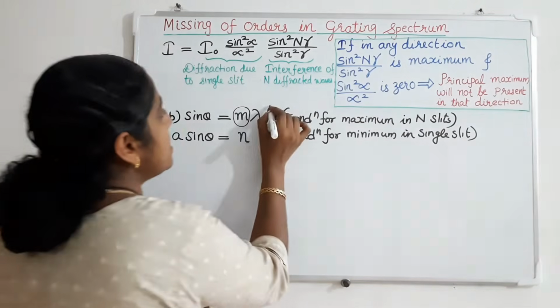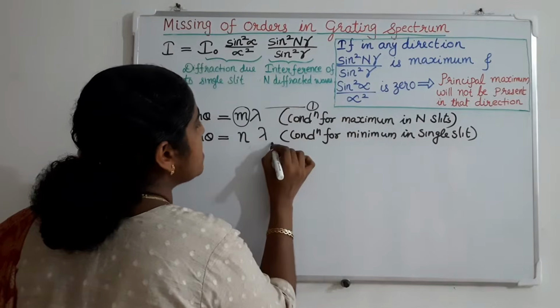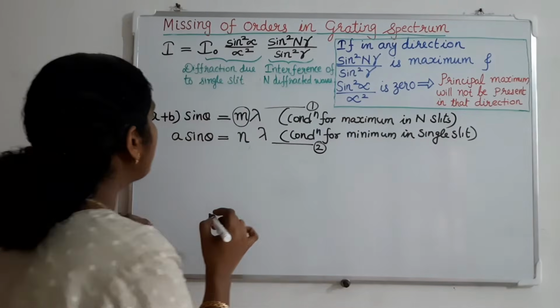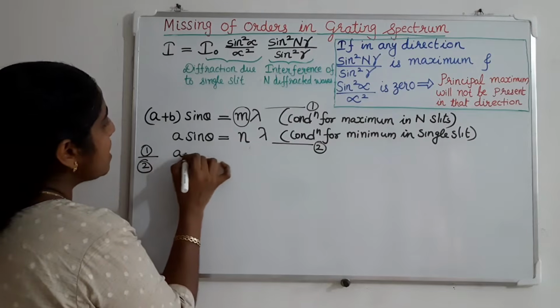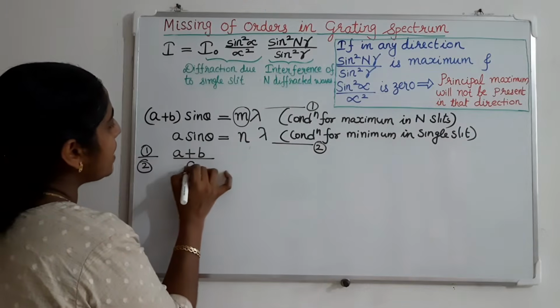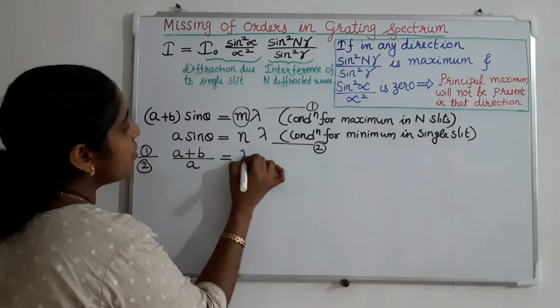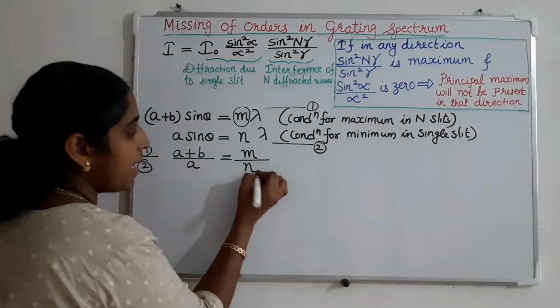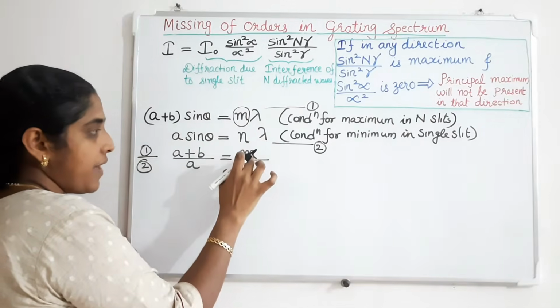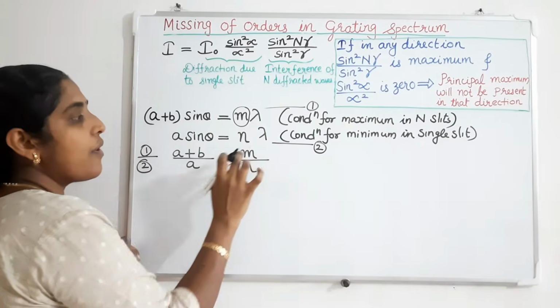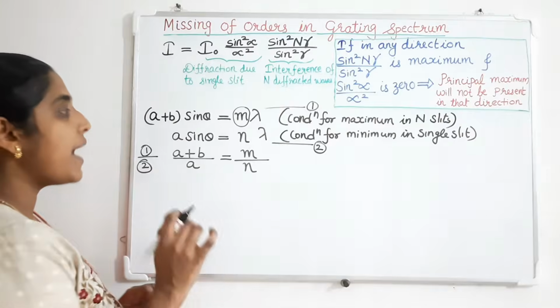So we write this as equation number 1, and this as equation number 2. Then what will be equation 1 divided by 2? That is (a plus b) divided by a is equal to m divided by n.